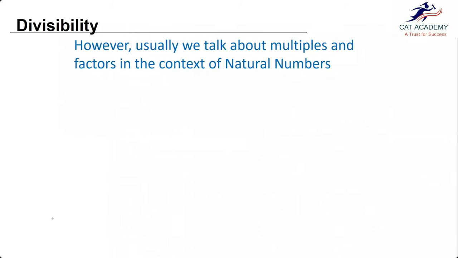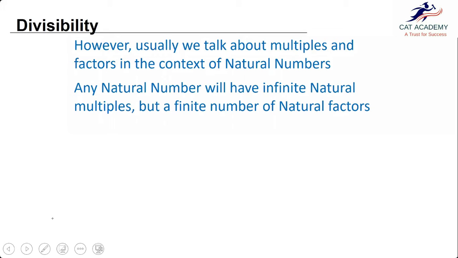Next. However, we usually talk about multiples and factors in the context of natural numbers only. That's a general trend. It's not a compulsion, but it's a general trend. So any natural number will have infinite natural multiples, obviously, because multiples will never end.